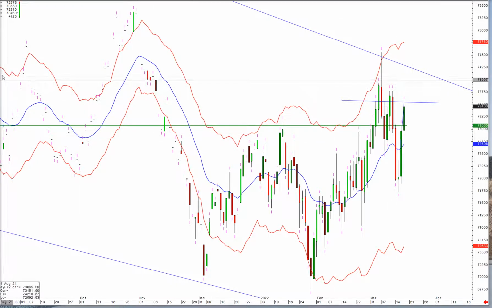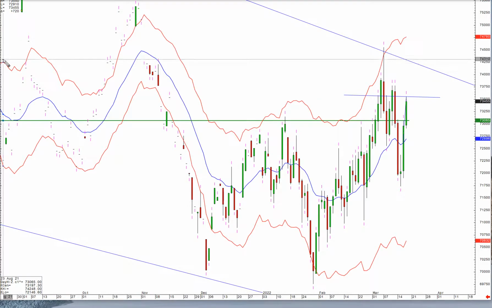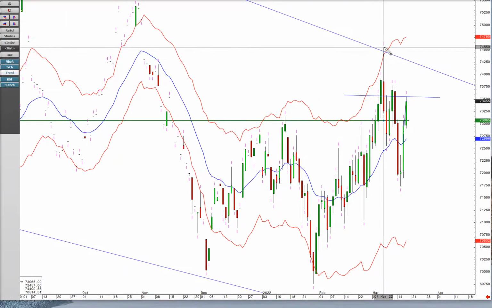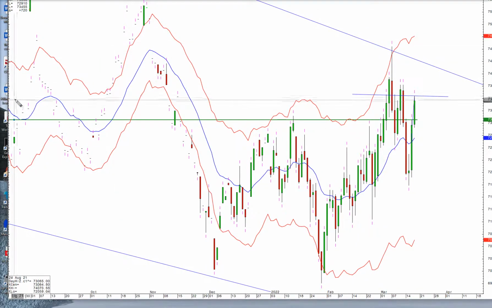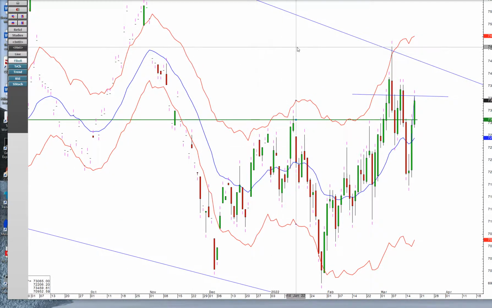And this pattern here, when we took the original long from the other day, I did mention that this is a pattern that can run. And just a simple fib extension of it. Sorry, my computer is not cooperating this morning.